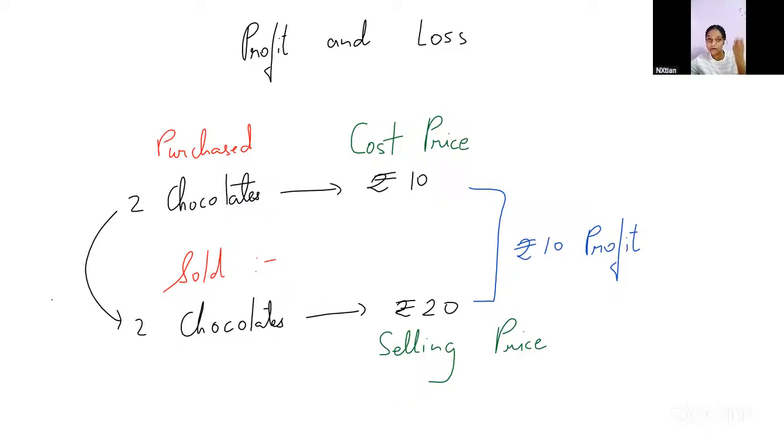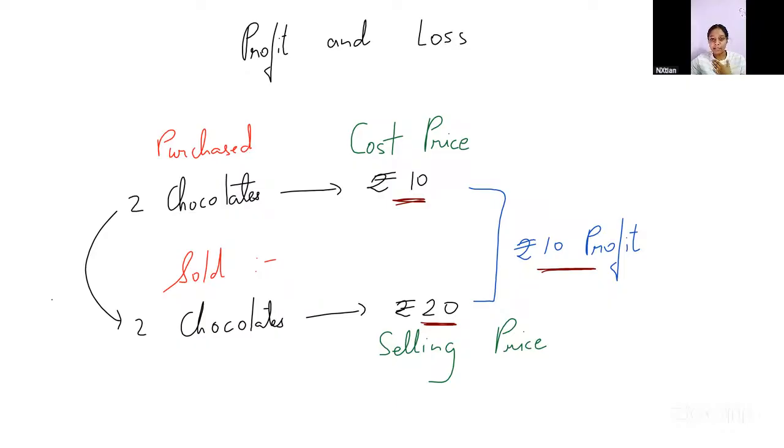For 10 rupees I purchased the chocolate, for 20 rupees I sold the chocolate. From the price that I sold the chocolate, I will minus the price with which I bought the chocolate. That is how I will get my profit. Okay, profit means additional money gained by selling the item for more than the money with which you purchased it. That is known as profit.